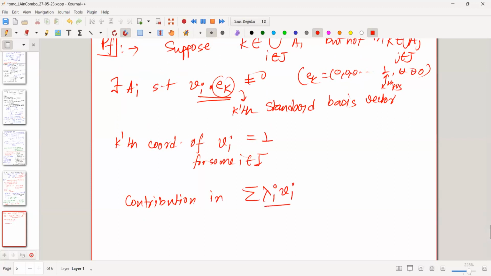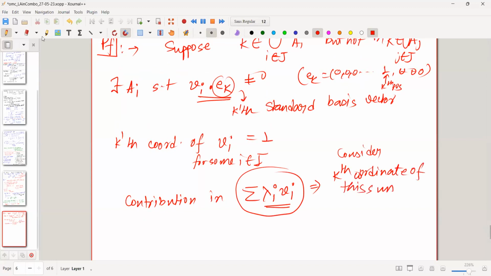summation lambda i Vi. So now consider the kth coordinate of this sum. I know that the kth coordinate for this is at least lambda i Vi.